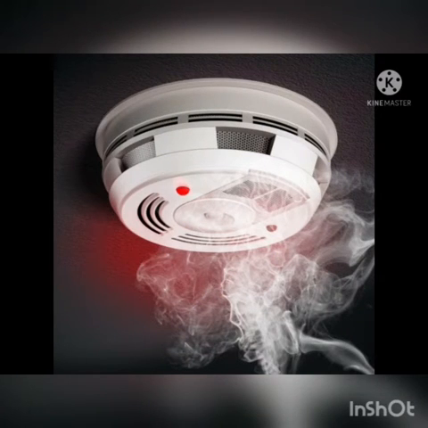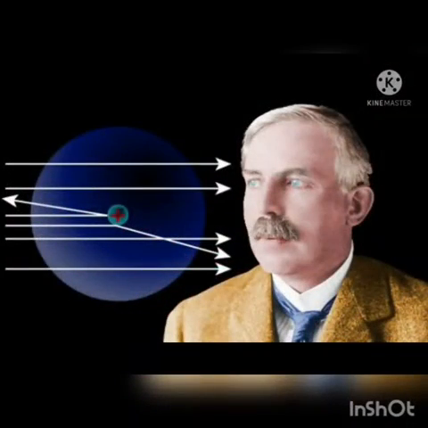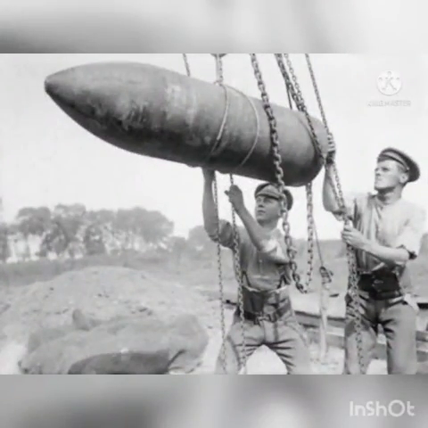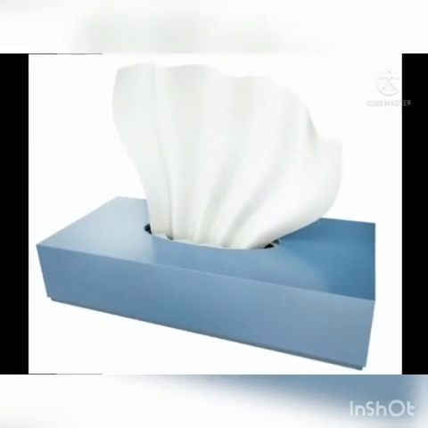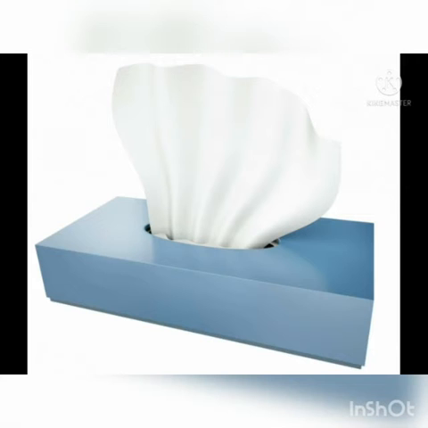Some even went directly back to the path they came from. So this is what Rutherford had to say: this result was almost as incredible as if you fired a 15 inch shell at a piece of tissue paper and it comes back and hits you.